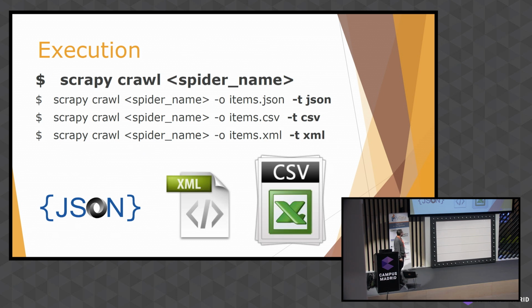This is the way we can execute our spider. We can use the Scrapy command with the crawl keyword and indicating the spider name. We can export the data automatically in 3 formats, JSON, XML, and CSV, indicating it with the -t parameter. Depending on what we want, we can use this.